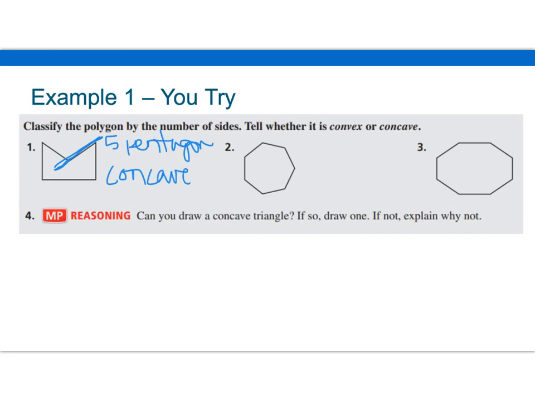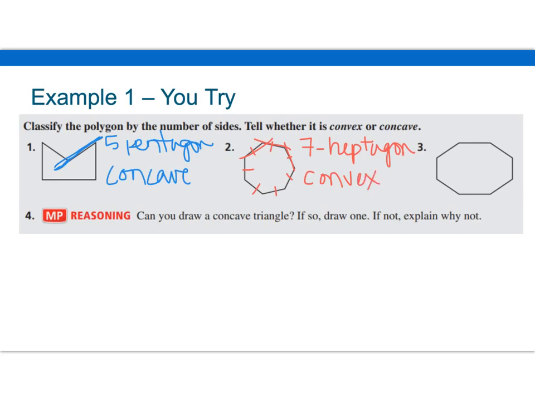Likewise, for number 2, I can see that I have 1, 2, 3, 4, 5, 6, 7 sides, so I have a heptagon. And if I try to draw lines on any of the edges, they're all going to be on the outside, which makes this convex.